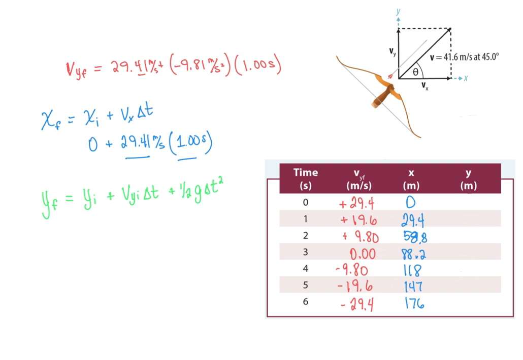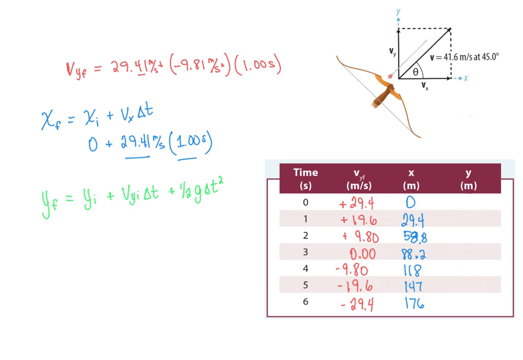The difference is for horizontal launches, this guy was 0 because there was no initial velocity up or down, and we just moved this guy over to figure out how it changed. So like when we were dropping something off a 200-meter cliff, we would do negative 200 equals 1/2 gravity times time squared, right? And that's what we did over and over. But we were doing that because there was no initial velocity.